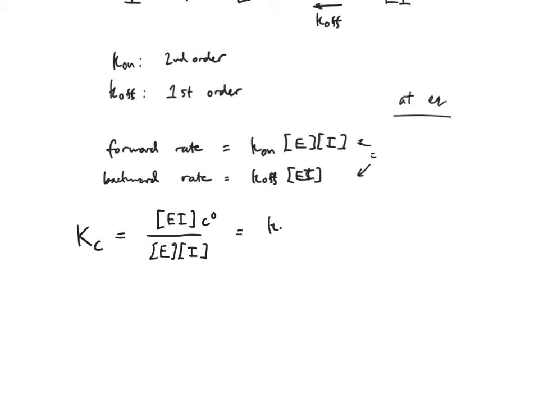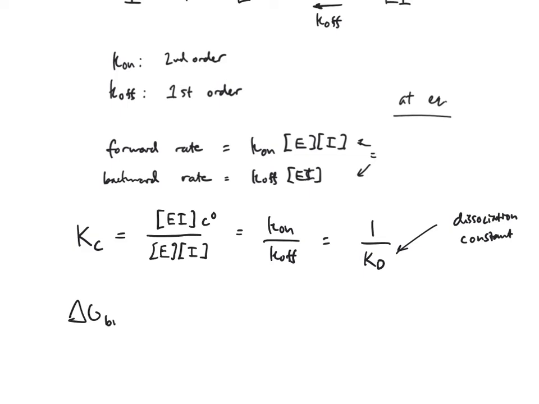And this happens to equal K on divided by K off. Sometimes what you'll see in the literature is this Kd quantity. And Kd is just the reciprocal of the equilibrium constant. And this is often called the dissociation constant. And it's going to be K off divided by K on.